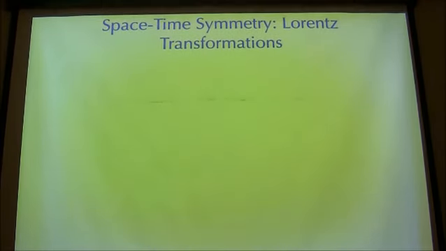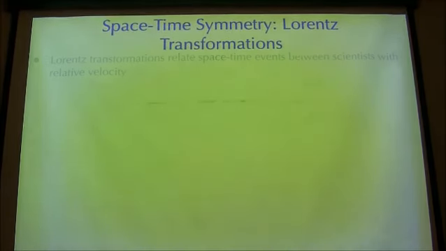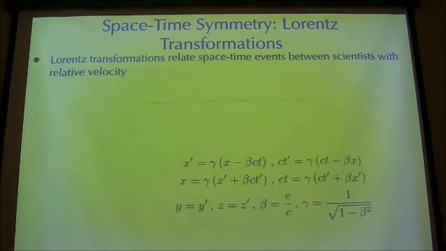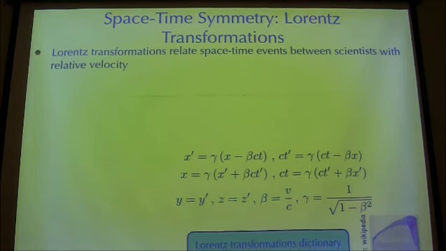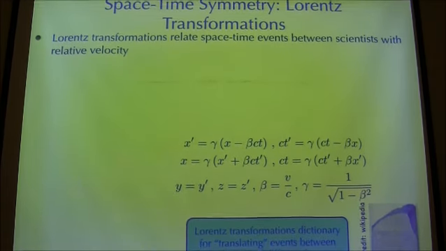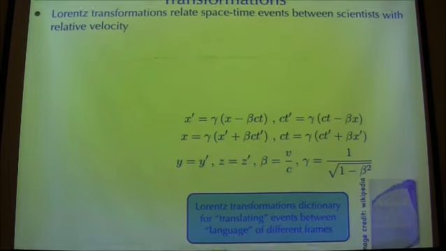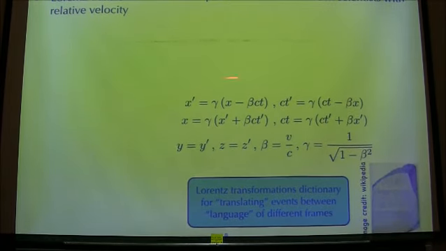Now, what's embedded in this is an idea of space-time symmetry, which is described by the Lorentz transformations. What they tell you is how space-time events, that means things literally such as a position in space, and things such as a measurement of time, are related between scientists that have a relative velocity between them. And these are the Lorentz transformations in a particular form.